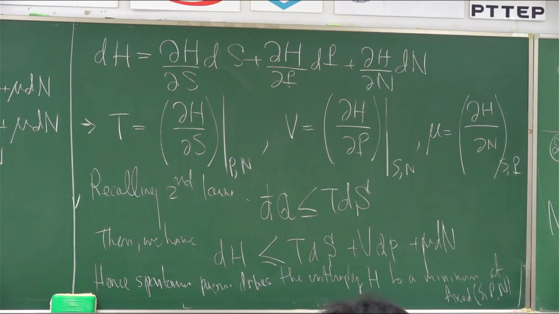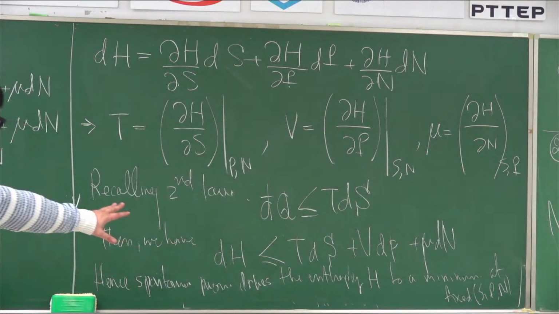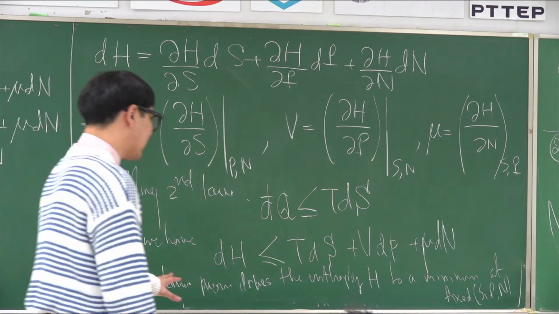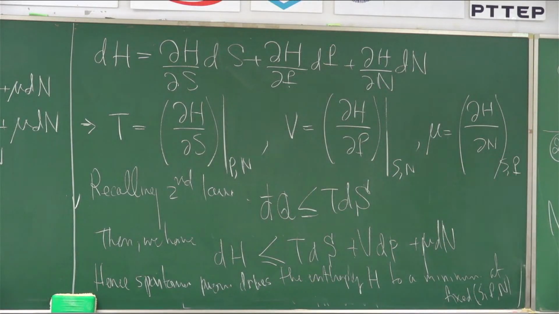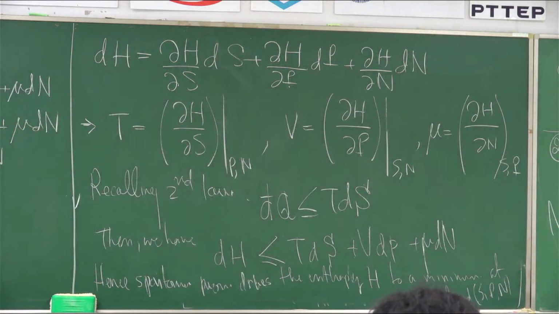So it means that normally your system, again, if you choose to use this quantity as a potential, will prefer to be in the lower state of the enthalpy, like you have for the internal energy. All right. Okay. Very good. Next, the next one.